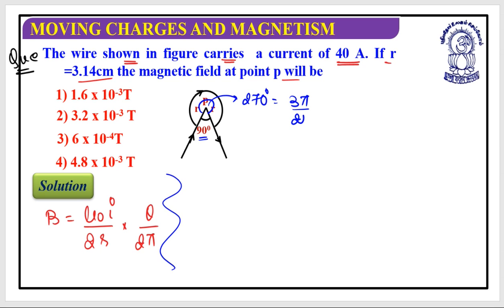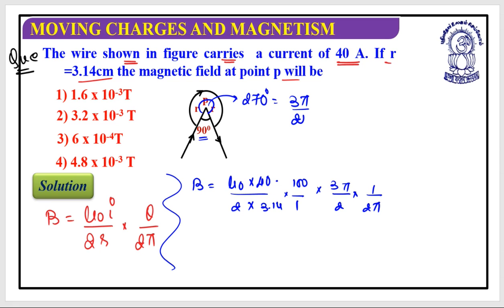So let's fit the values and get the answer. It's mu naught multiplied by I, that is 40 ampere, divided by 2 multiplied by R. R is 3.14, but it's in centimeter, so that should be multiplied by 100. Then theta is 3 pi by 2 multiplied by 1 by 2 pi. I hope this is clear. Great. So this pi and this pi have gone.